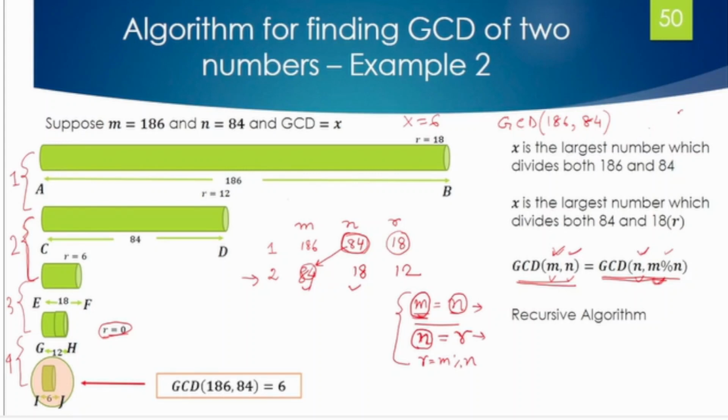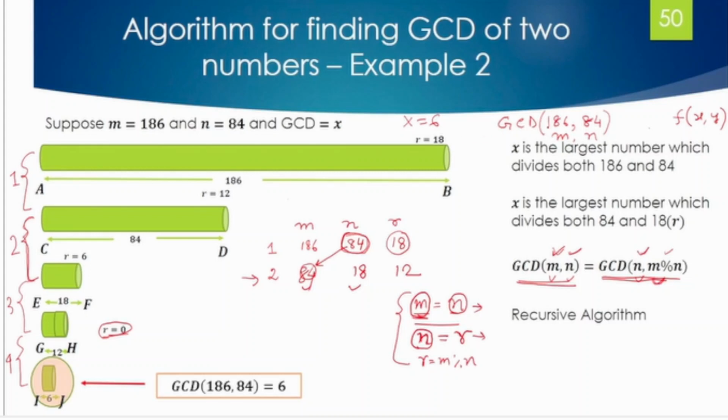If you write a function f(x, y), this is a mathematical function. Similarly, instead of f I am writing the term GCD, and the parameters are 186 and 84, or m and n. In this case the value of m is 186 and the value of n is 84.